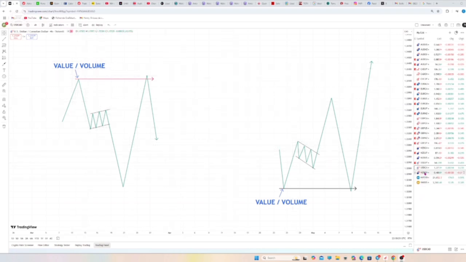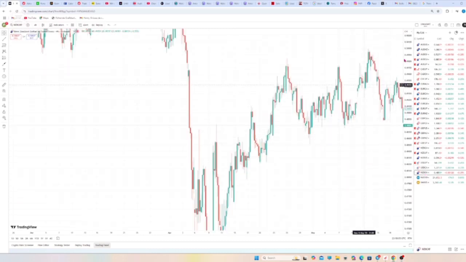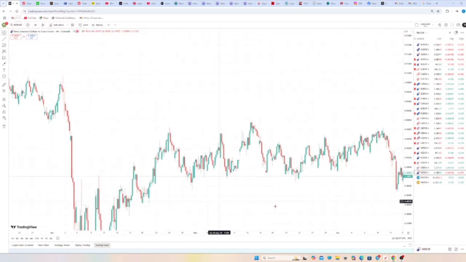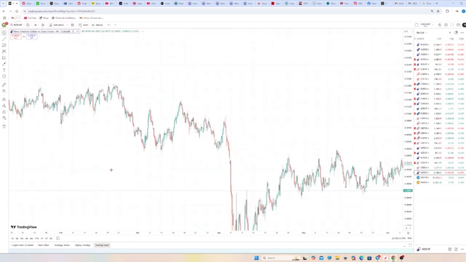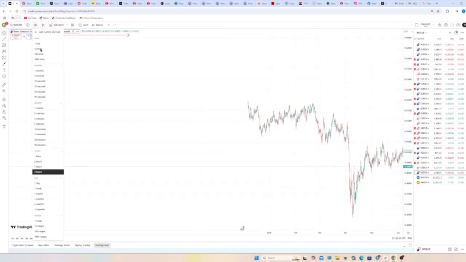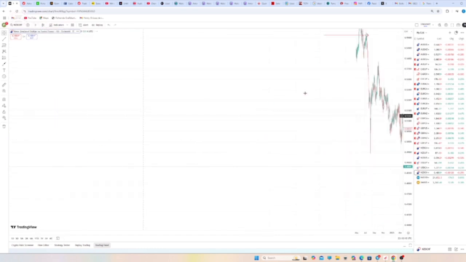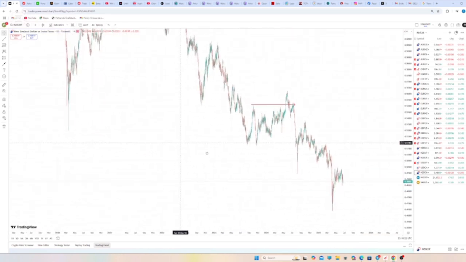Let's go on NZD CHF. Let me show you how powerful value or volume is. Okay, that would be from daily, and it works on every time frame, be it weekly, daily, or monthly.